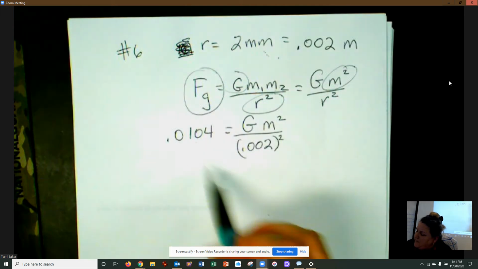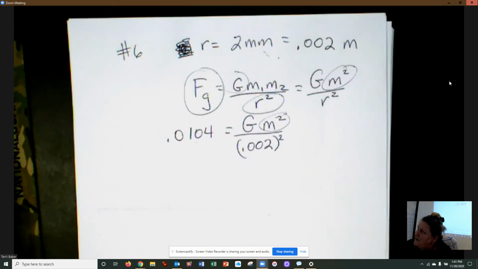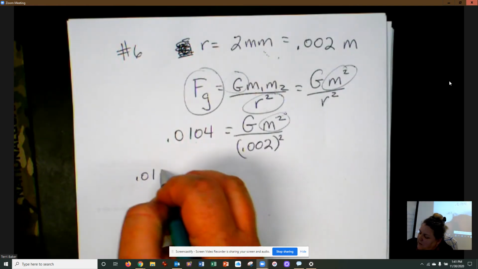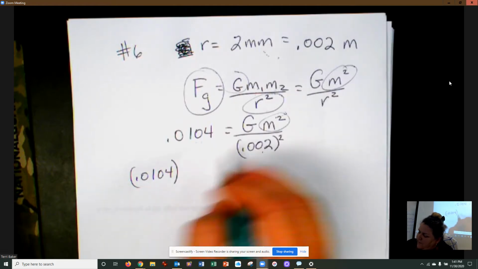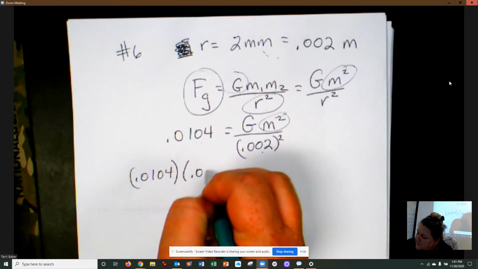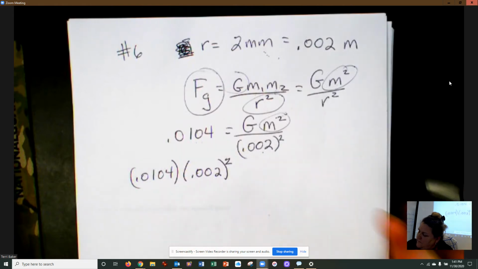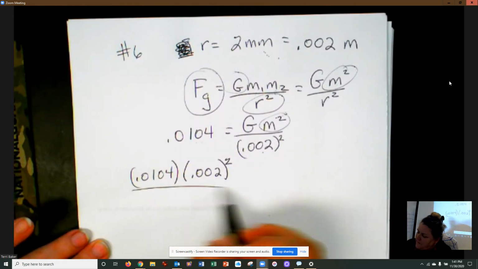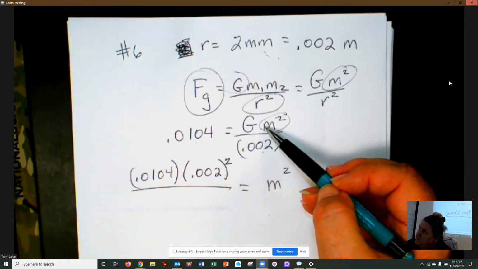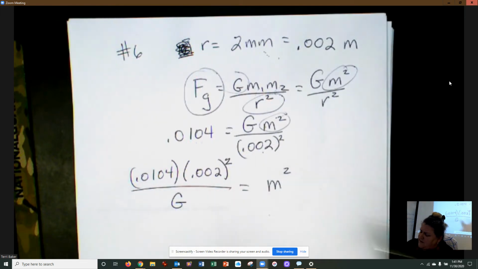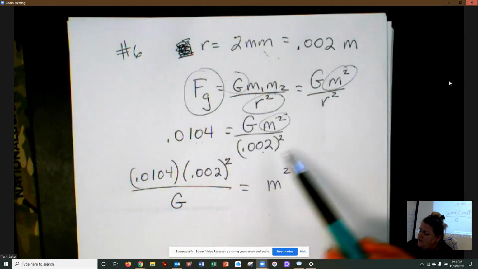So now I'm just going to rearrange this to isolate m squared on one side of the equation. So 0.0104. I'm dividing on this side, so I'm going to bring it over to the other side and multiply. Okay. G is multiplied on this side, so I'm going to divide this side by G. All I did was rearrange this equation.